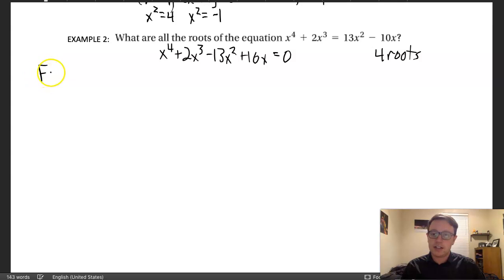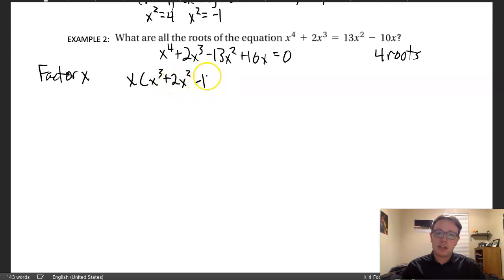So we're going to factor. I'm going to pull out that x. We're left with x cubed plus 2x squared minus 13x plus 10 is equal to 0. And this tells us that 0 is a root.